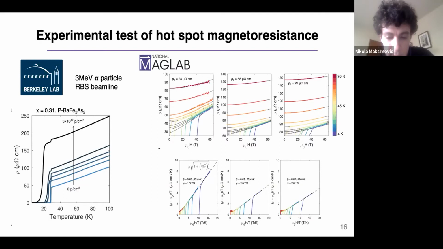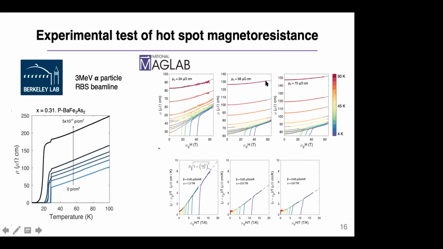To some extent, it depends on what temperature you're measuring at. If you're at high temperature, you do see a B squared variation. I am speaking of measuring cases which are near the optimum TC in the cuprates.